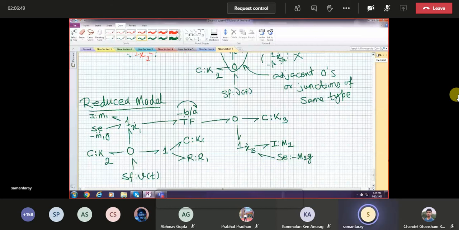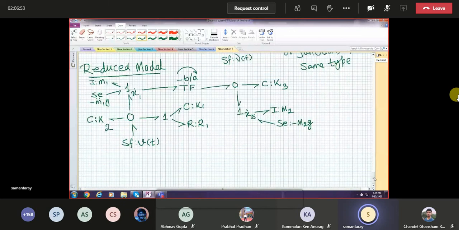Again another C for the next mass, K3, and another inertia of one junction. Another one junction I.